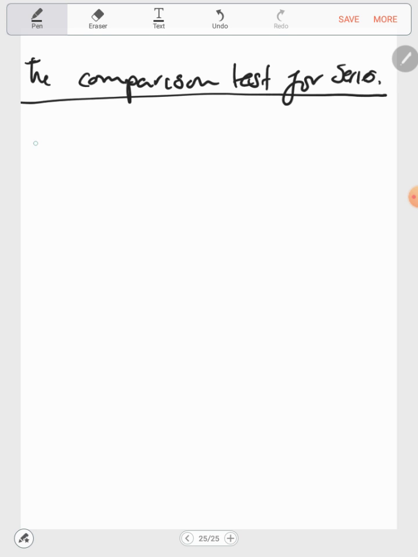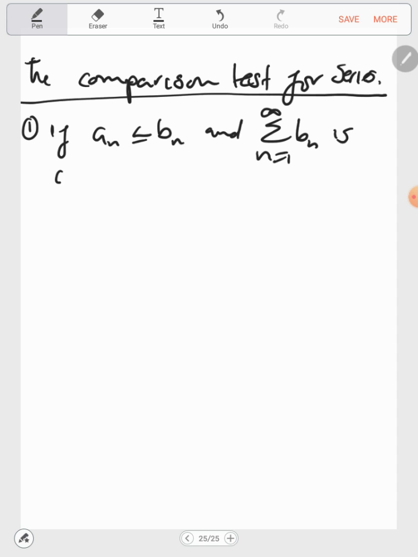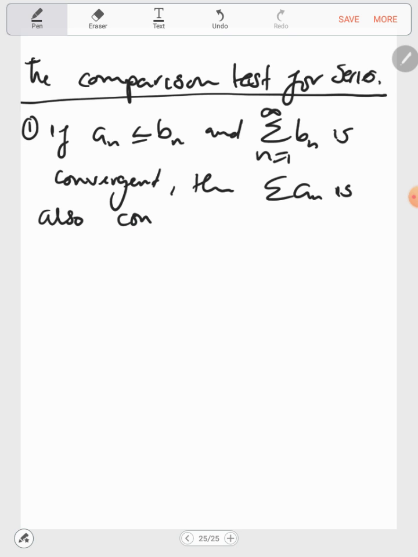In the comparison test, the first rule: if an is less than bn and the series bn is convergent, then an is also convergent.